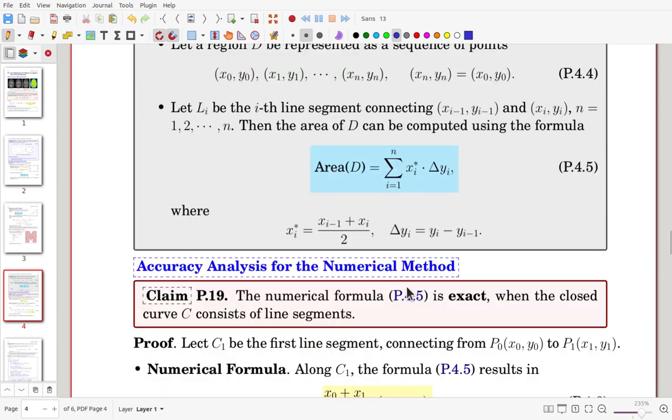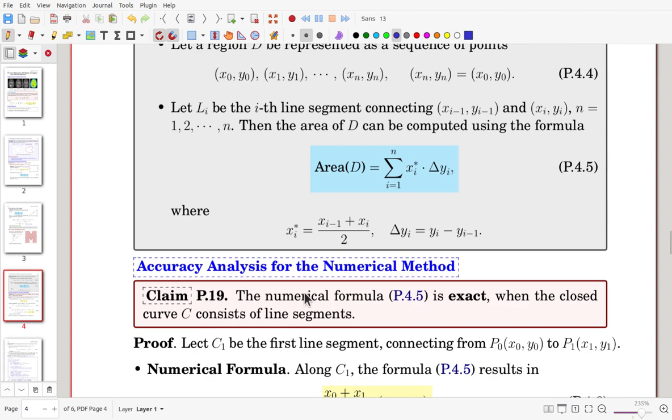That's the formula. But we don't know yet whether it is correct for all cases. So we need a little bit of accuracy analysis. The numerical formula in this equation is exact when the closed curve C consists of line segments only.